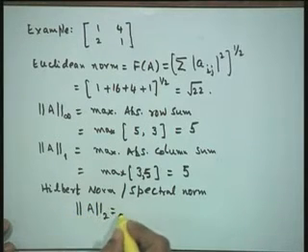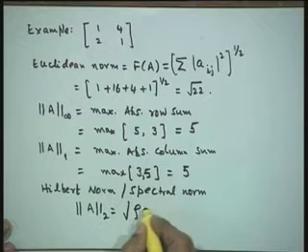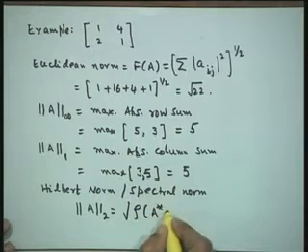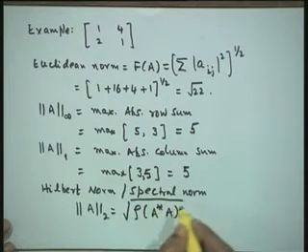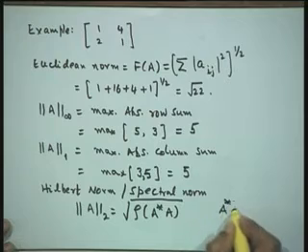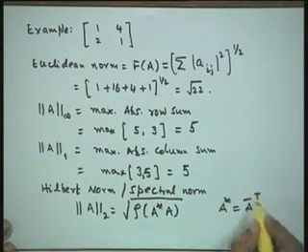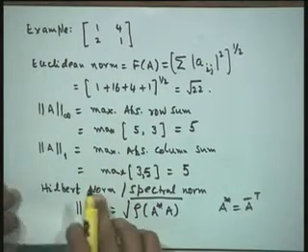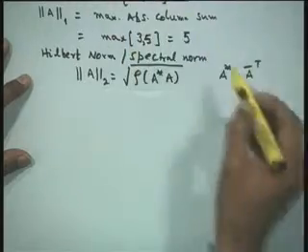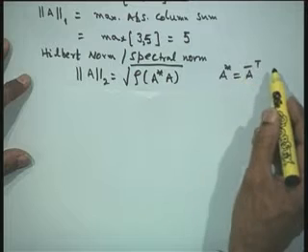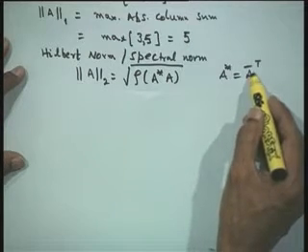The definition was square root of spectral radius of A star A. A star is the conjugate transpose of A. Now, in our case the matrix is not symmetric, therefore, we need to form this particular matrix, but here the matrix is real, therefore, conjugate is same as the given matrix. So, this will be simply A transpose.